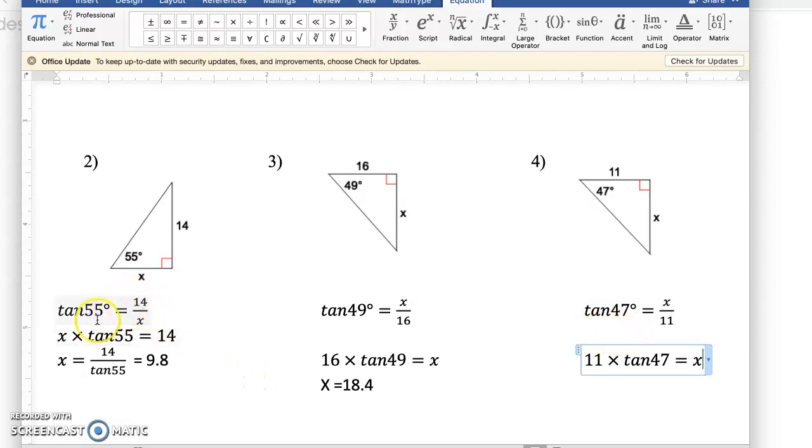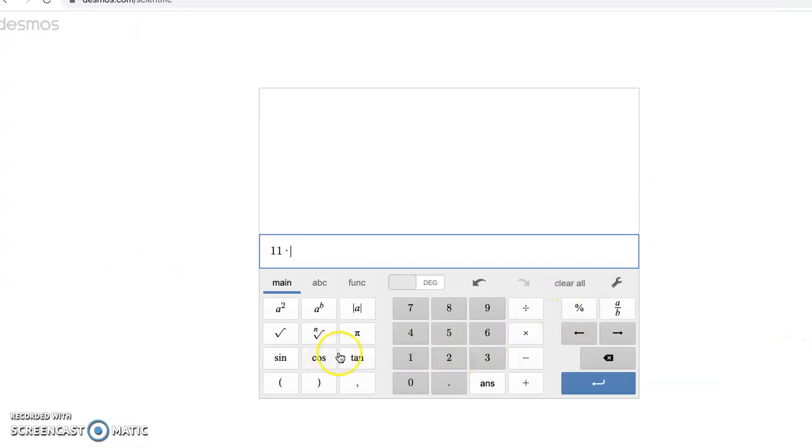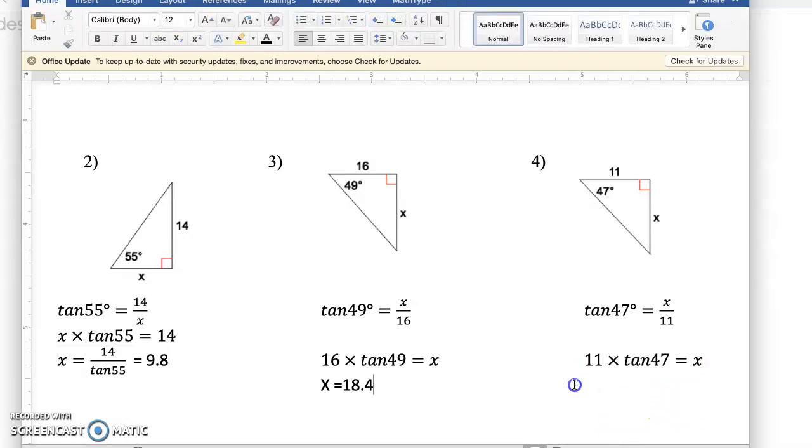Same thing with this example. 14 is being multiplied by 1 because there's no denominator. Going backwards, you would type in 11 times the tangent of 47. In this case, we're going to have to round up. Our side length is about 11.8 in this last example.